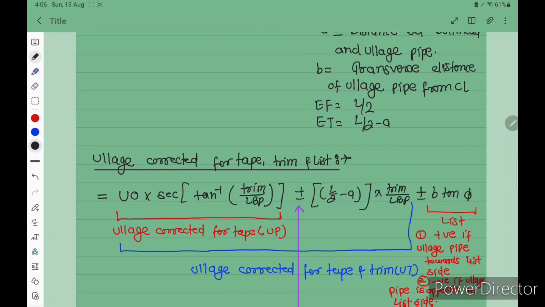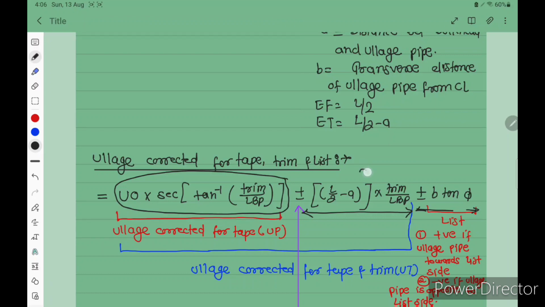Now if the question says the vessel is upright, we use only this much. If the question also has some trim, then we have to use till the next part. And when we have list, we also use this red one. So you remember this one single formula, and as per the question you will subtract.